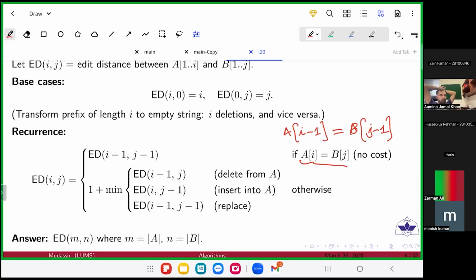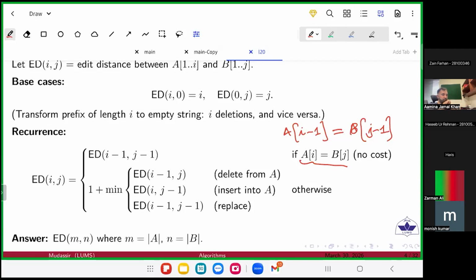You go to ed of i minus 1 and j minus 1. If you cannot match the last letters that you care about, i minus 1 and j minus 1, which are the ith and jth letters in the strings, then you have to incur a cost. But you have to incur a cost, you can incur a cost in 3 different ways. You can either replace the letter, or you could insert the letter that you want, or you could remove the letter that's unwanted.